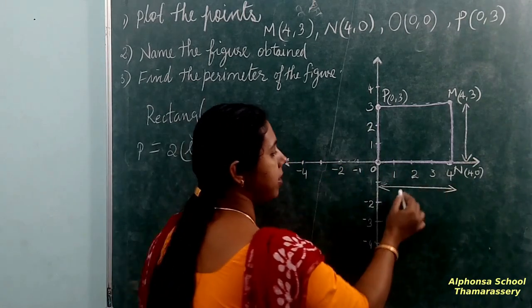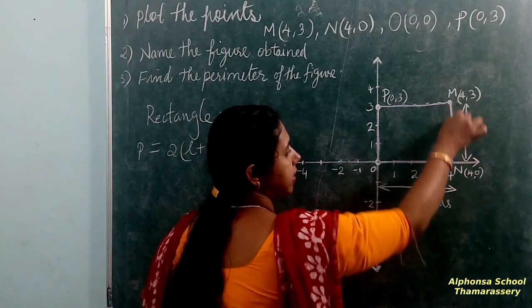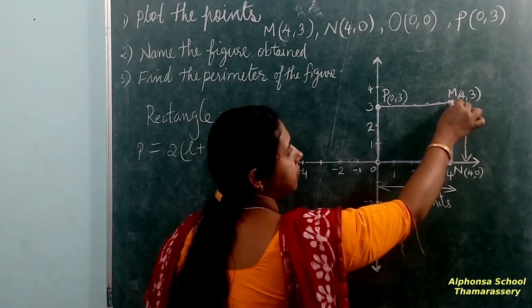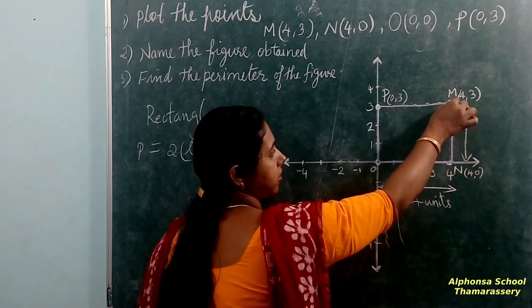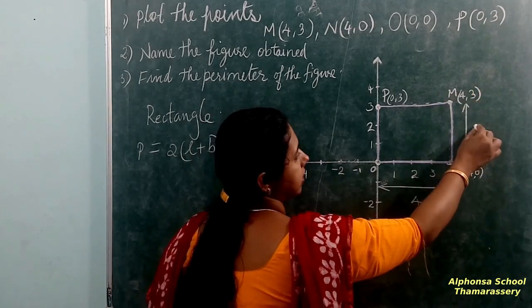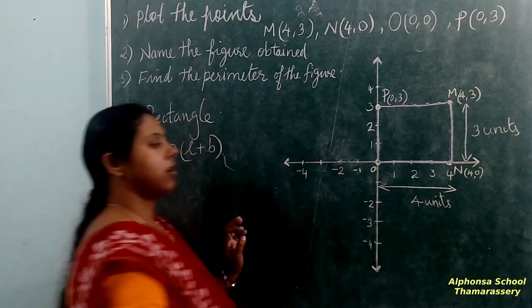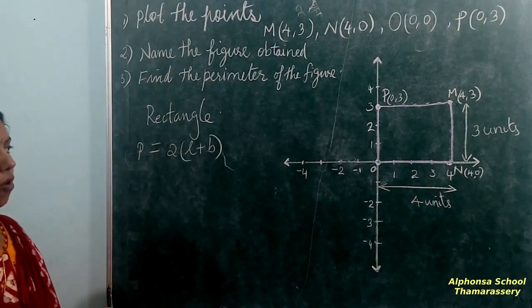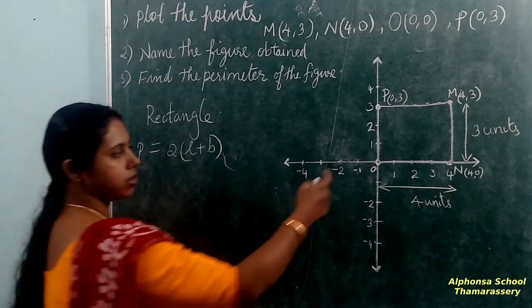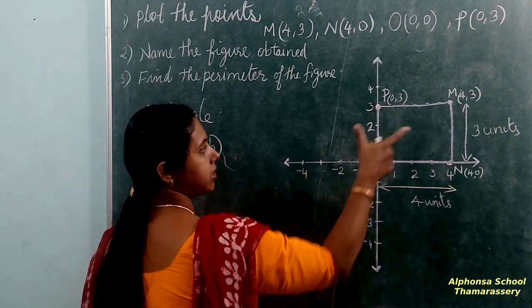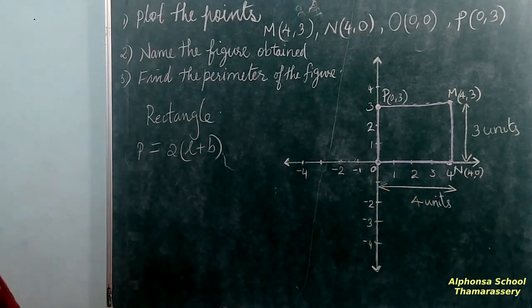Here the length is equal to 4 units, and the breadth is the y coordinate, the distance from the x-axis to the point, that is 3 units. So length is 4 units, breadth is 3 units.